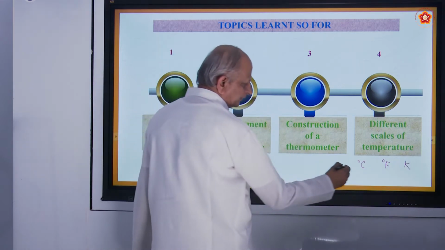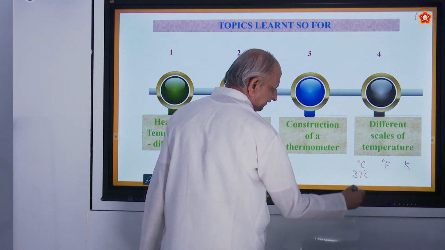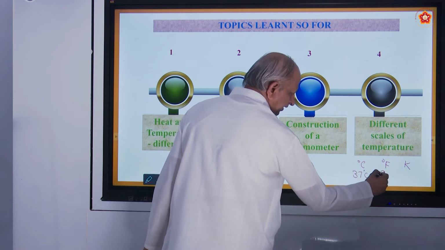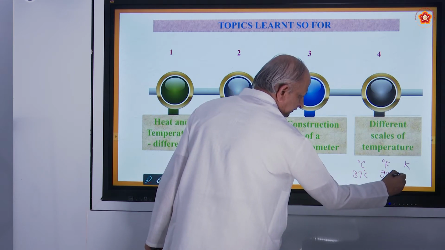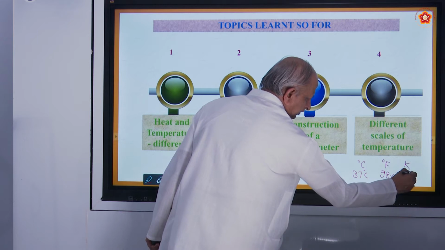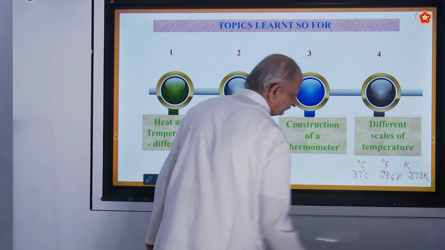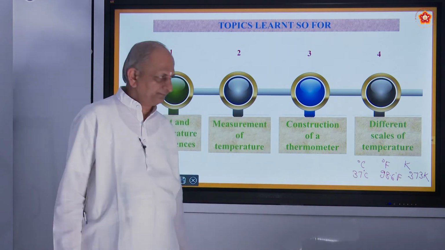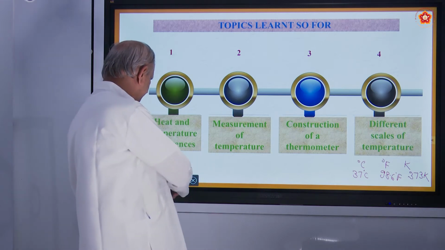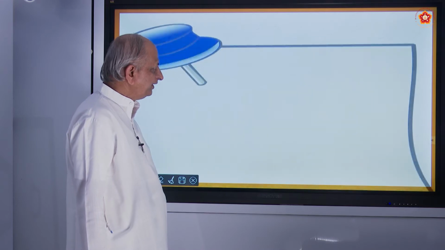For example, if you take the body temperature, in degree Celsius it is 37, here it is 98.6 degree Fahrenheit, and here it is 373 Kelvin. Like that, different temperatures are measured. So they are the different scales of temperature. These are things we have already seen.